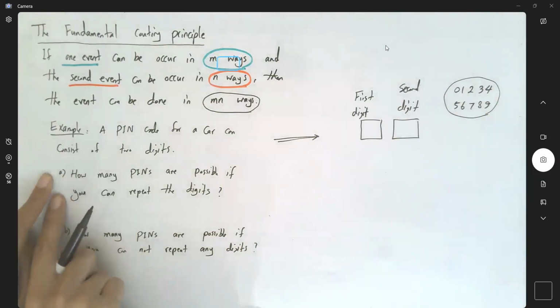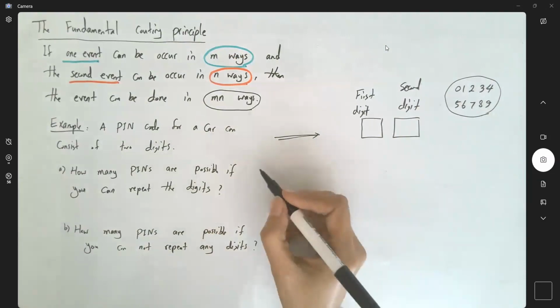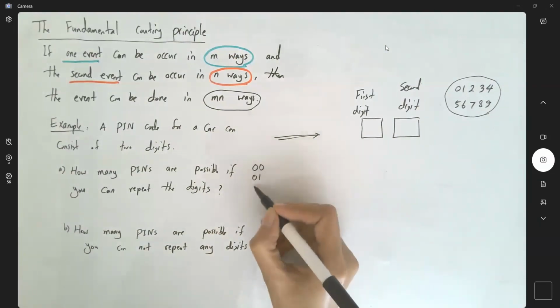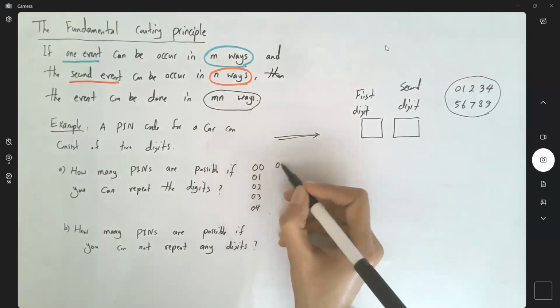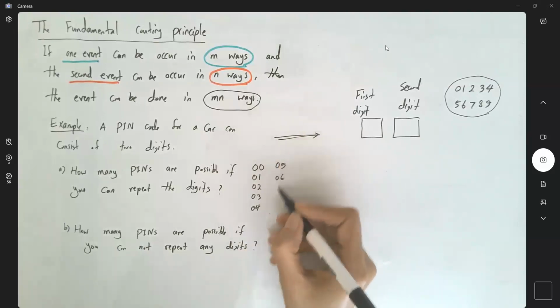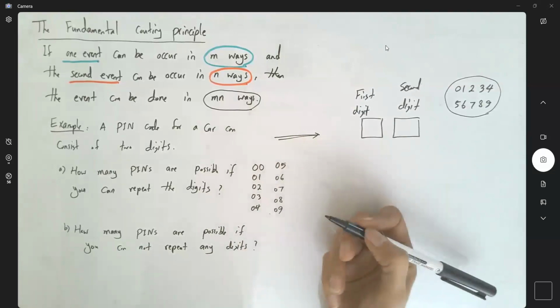Now, part A of the question. How many PINs are possible if you can repeat the digits? What's the meaning of that? It means that you can have 0 0, 0 1, 0 2, 0 3, and so on. Can I switch the order?